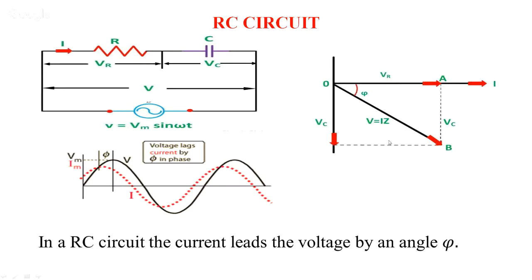So OB is the resultant, which is V equals IZ. So in case of an RC circuit, the current leads the voltage by an angle phi. Here you can see this is the voltage, this is the current. With respect to the resultant, the current is leading by an angle phi.